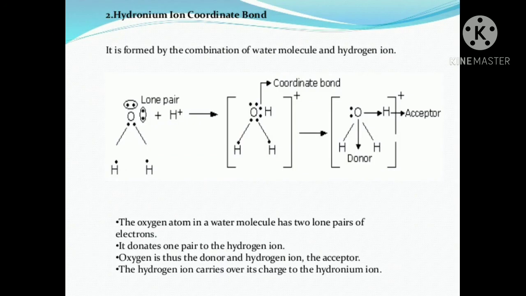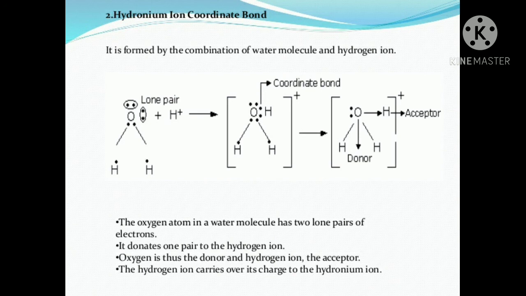Now here we are going to see the formation of hydronium, that is H3O plus ion, from acid in aqueous solution. The reaction for this is water plus hydrochloric acid, which gives hydronium ion plus chloride ion.